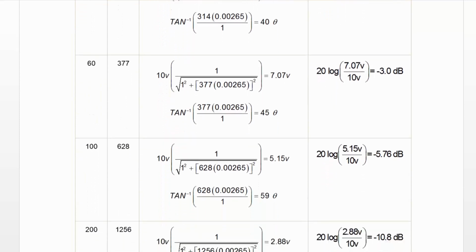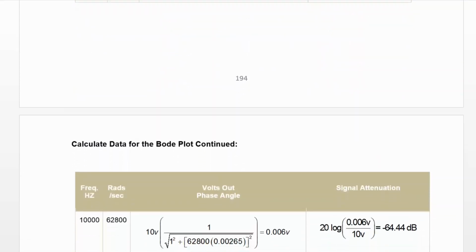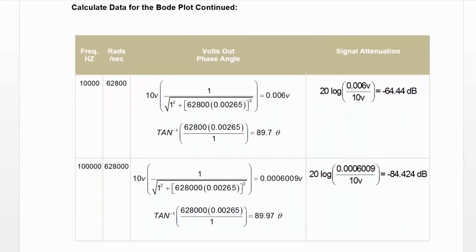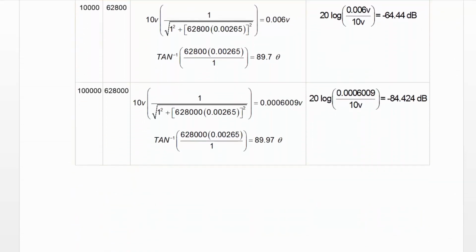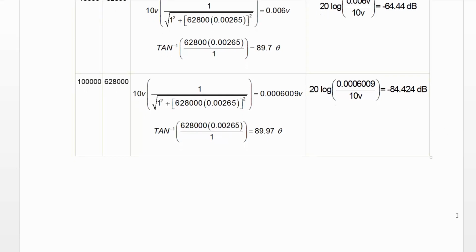Okay, we take all these calculations here, and we put them into a plot. We go clear up to a frequency of 100,000 hertz, which is 628,000 radians per second, and you're at minus 84 dB.